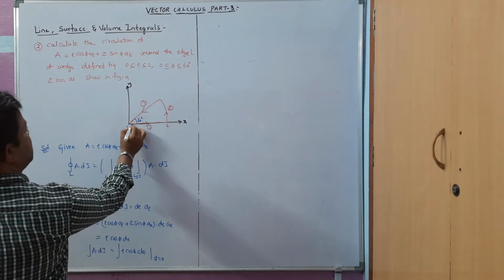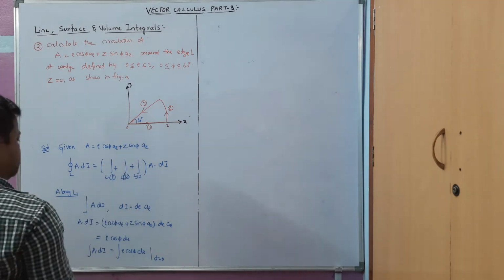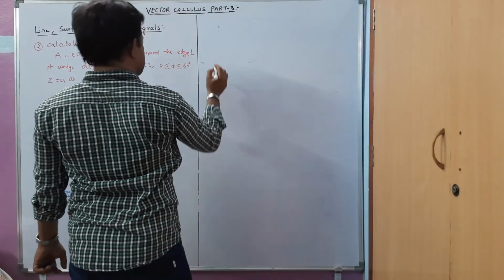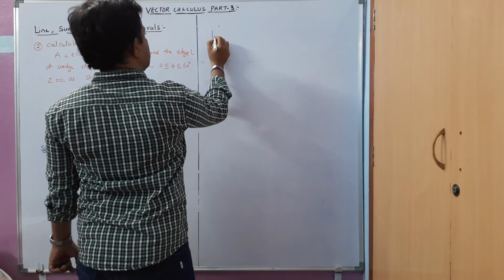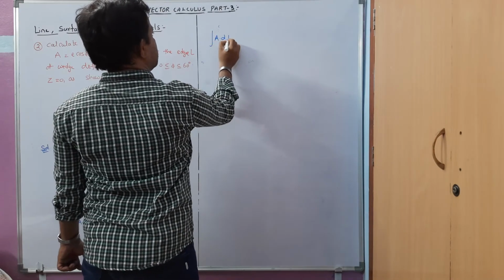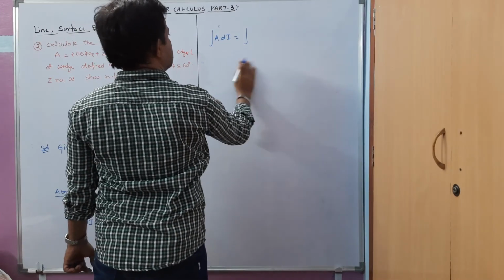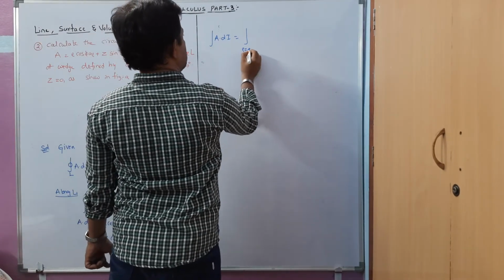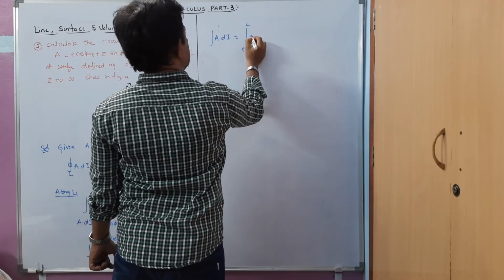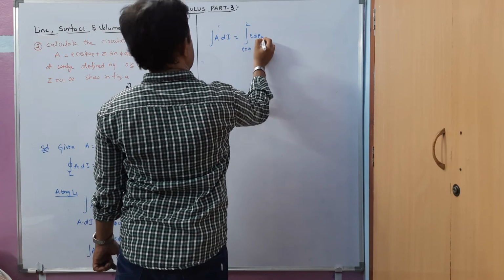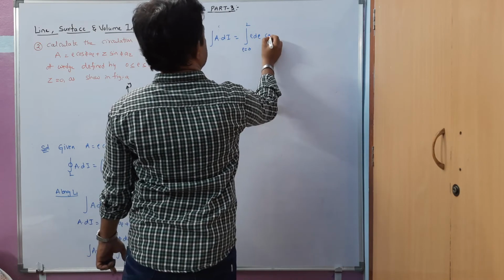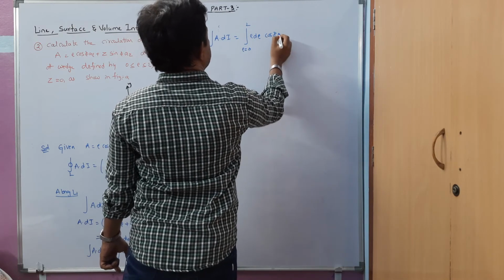Because phi is starting from 0 to 60 degrees. Okay. Now what does this integral become? That is line integral A dot dl is equal to integral of rho d rho, rho from 0 to 2, at cos 0 is 1 here. Okay.